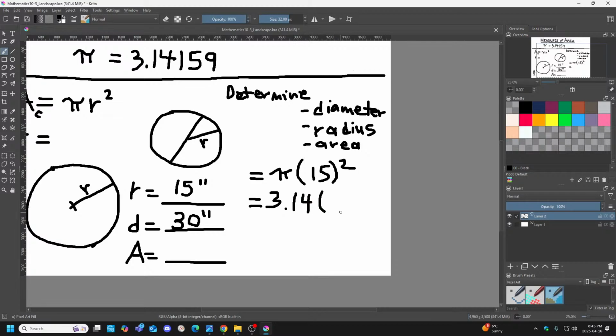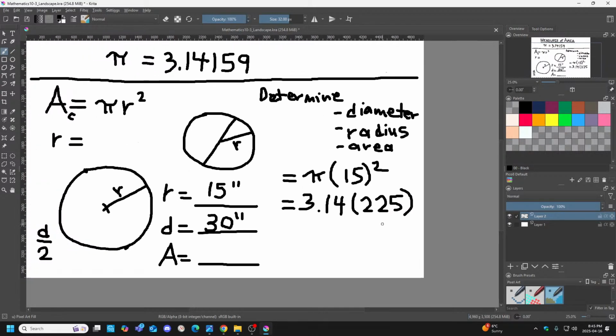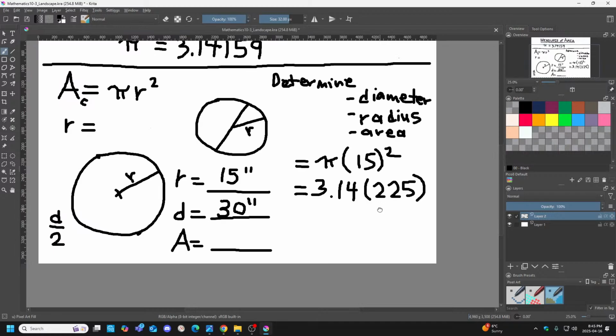Sometimes my mouth is talking faster than my brain. Okay, 15 squared. There's an x squared on your calculator, which is 225. The other one, the diameter was 16.